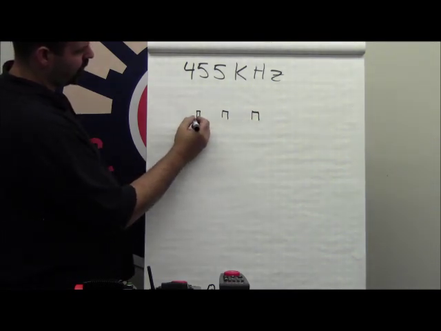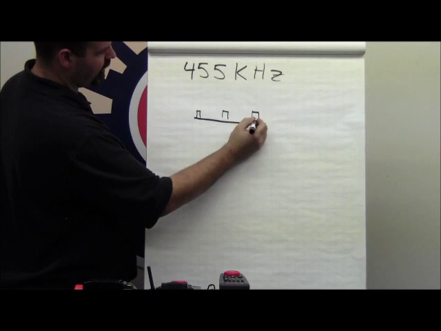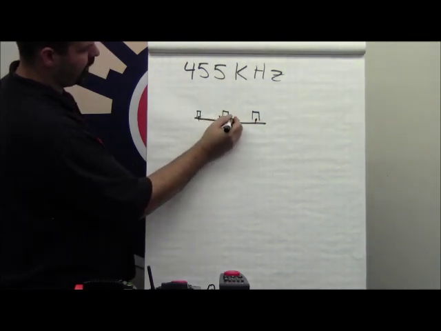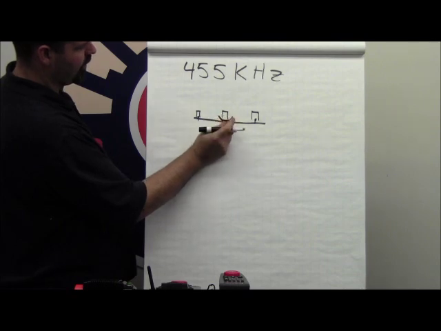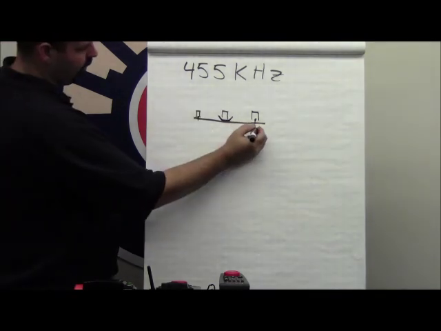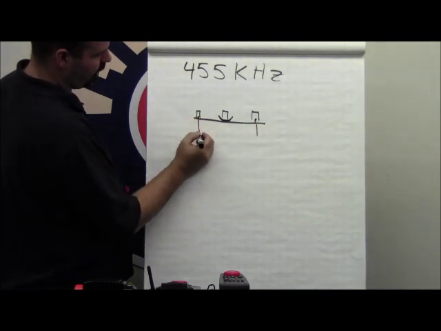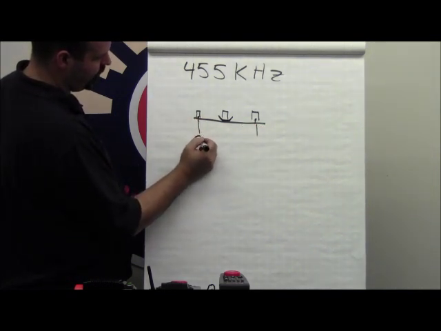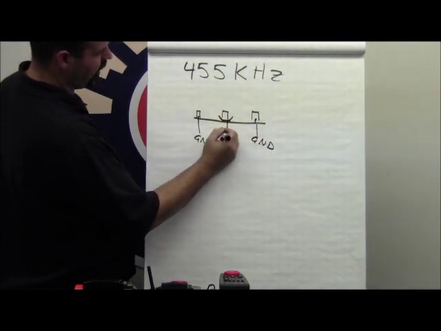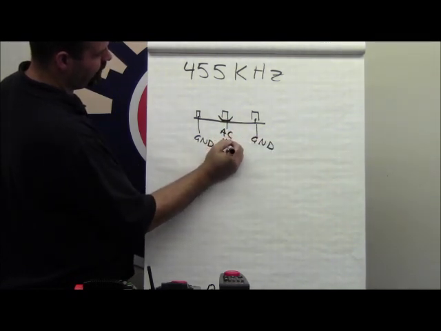Tubular track ties these 2 rails together through the metal ties, and there's a piece of insulating paper that insulates the center rail from that tie. These 2 rails are AC ground, and the center rail is AC hot.